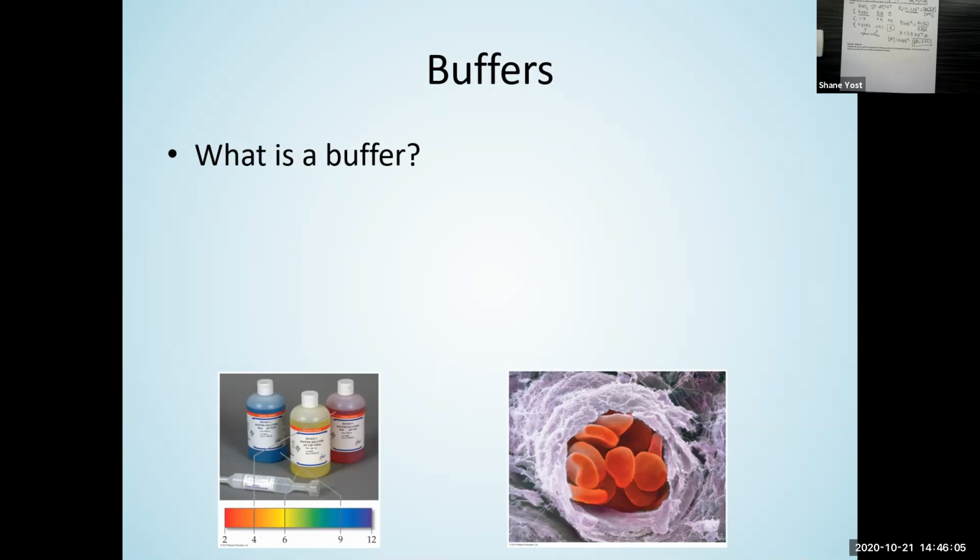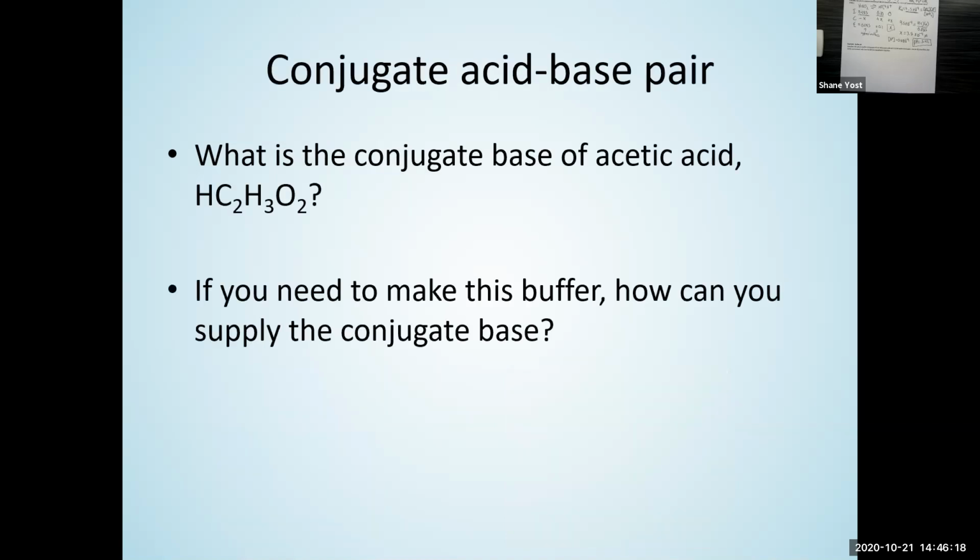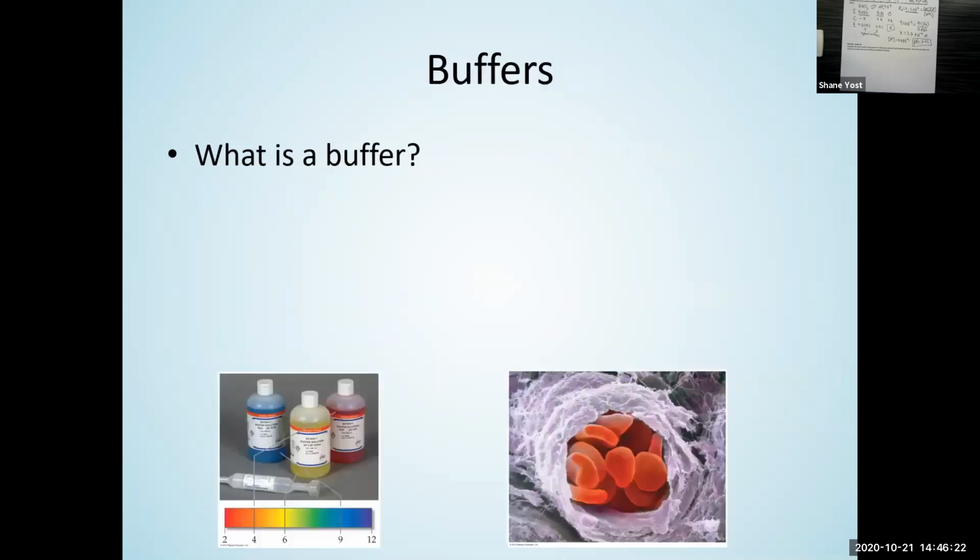So again, a buffer solution resists changes in pH with the addition of strong acids or strong bases. We'll do an example showing those resistances in just a minute.